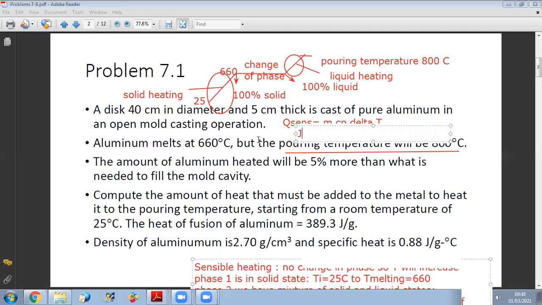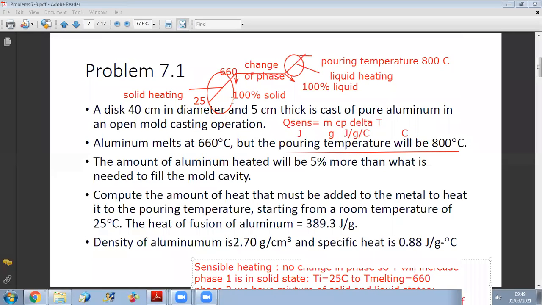In order to have Q in joule, M should be in gram, because C is defined per gram degree. Delta T should be in degrees. Since Cp is provided in joule per gram per degree, when you multiply, you will get the sensible heat in joule.